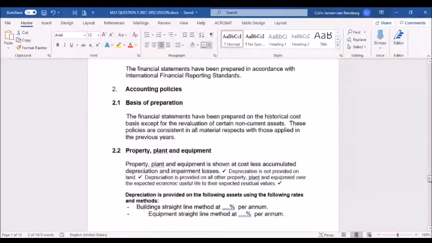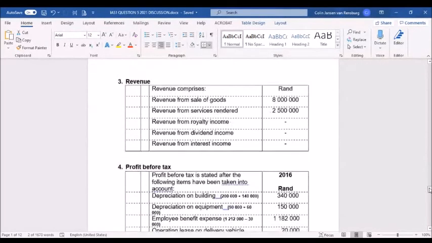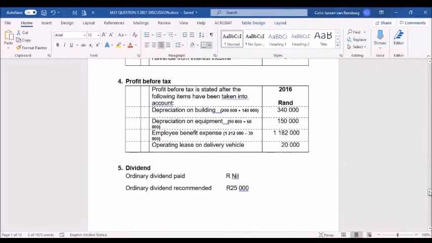Because it's one of the very few expenses that you do not pay for. You cannot go and buy depreciation, right? So it is an expense. It is an expense because it represents the usage of your non-current assets, but it does not involve you paying for it. So it does not involve the flow of cash. So that's why it's slightly different.